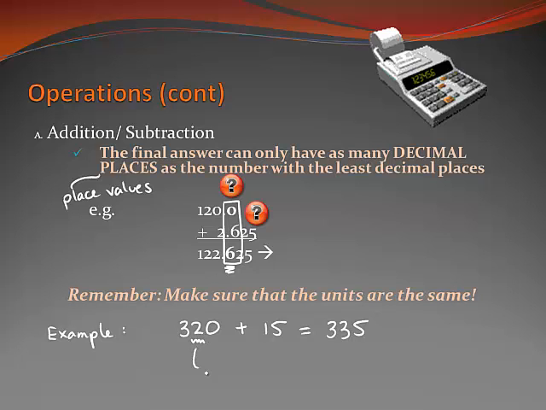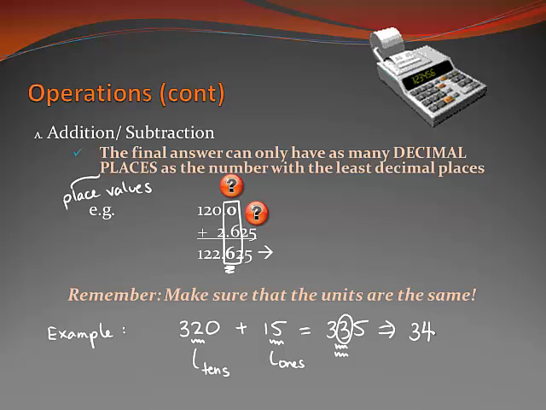So this is in the tens position. This 5 is in the ones position. The tens position is less decimal places, which means that I can only write my answer to the tens position. As per our rule, I'm going to include 3 and the 3, but looking at the rounding, what does the rounding do? Well, that turns that into a 4.